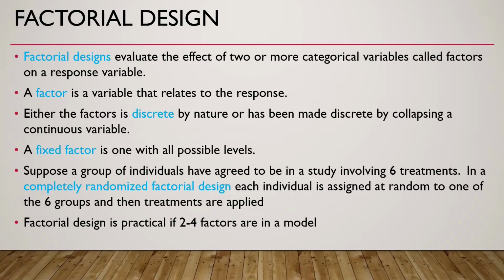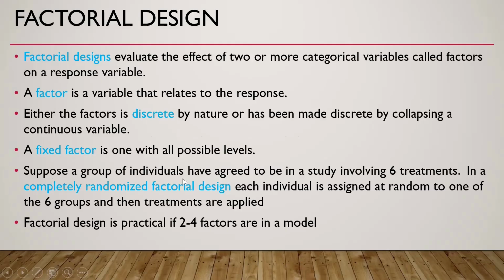Factorial designs evaluate the effect of two or more categorical variables, called factors, on a response variable. A factor is a variable that relates to the response. Either the factor is discrete by nature or has been made discrete by collapsing a continuous variable. A fixed factor is one with all possible levels.